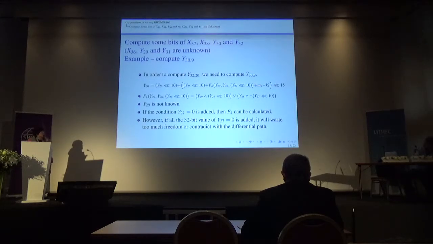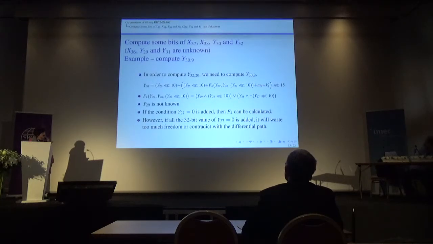Here is an example to compute Y30. In order to compute bit 20 of Y30, because there is a condition on this bit in the differential path, we need to compute Y30. Here is the step function of Y30. The Boolean function f4 is here. Y29 is unknown.